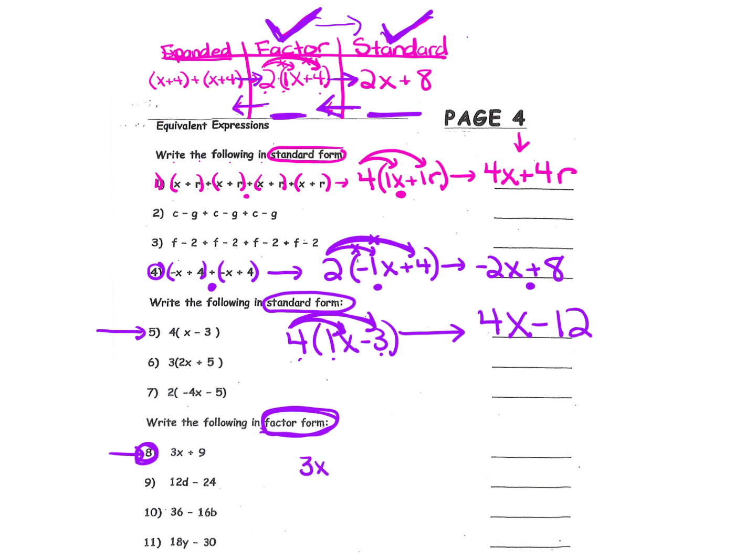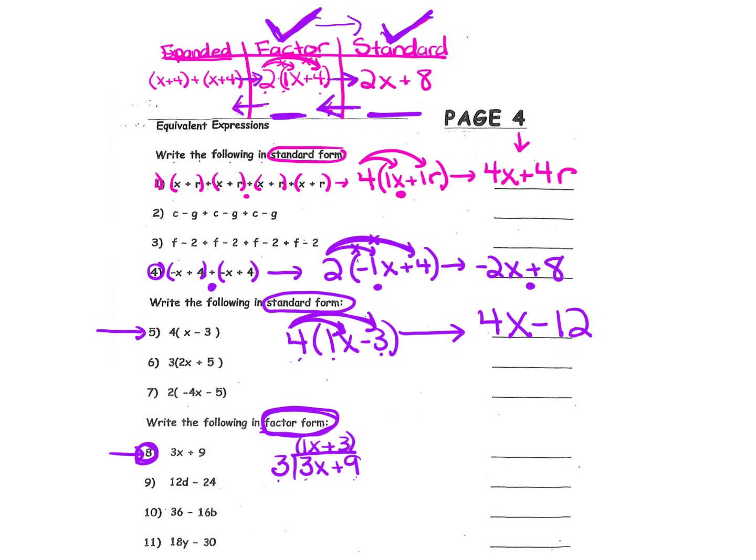We take the expression 3x plus 9 and we write it in the work area. And we're going to factor out or divide out a common factor for 3 and 9. We know we can divide a 3 into each term. 3 divided by 3 gives us 1x, plus 3 divided into 9 gives us 3.